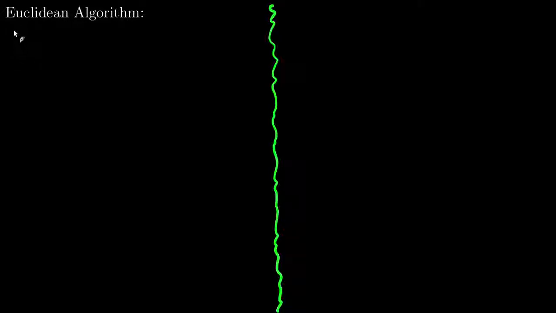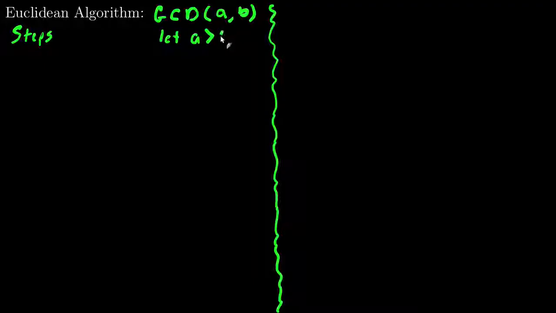So what we do is this. I want to find the greatest common divisor or greatest common factor of 2 numbers a and b. And I will let a be the bigger number. If I had the bigger number in the other spot, I just switch the 2 numbers.